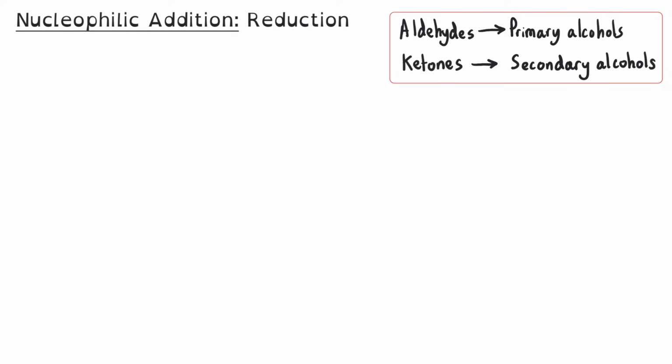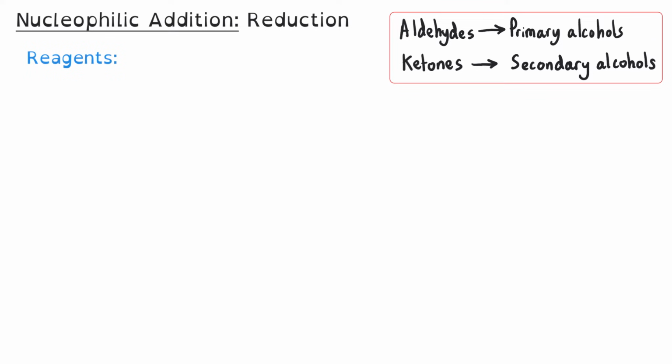In the alcohols topic, we learn that we can oxidize primary alcohols into aldehydes and secondary alcohols into ketones. With the nucleophilic addition mechanism, we can reduce an aldehyde and turn it into a primary alcohol, and we can reduce a ketone and turn it into a secondary alcohol.